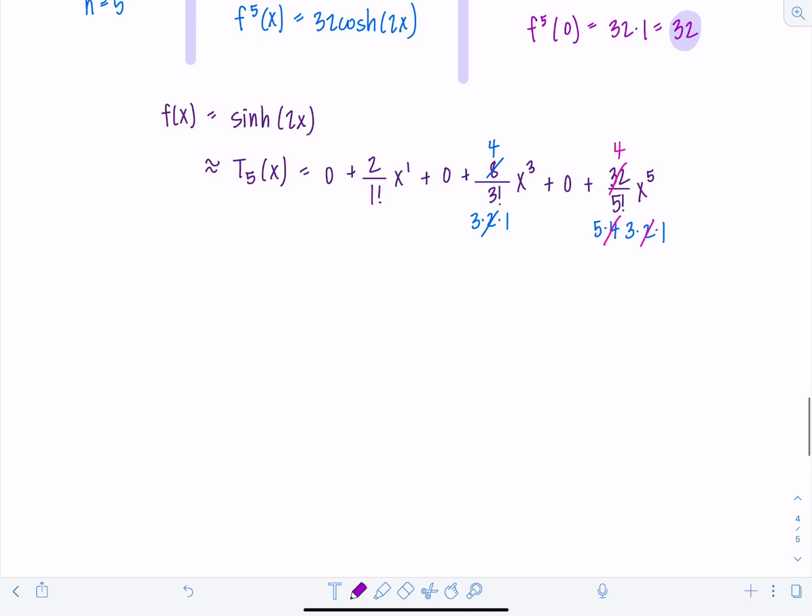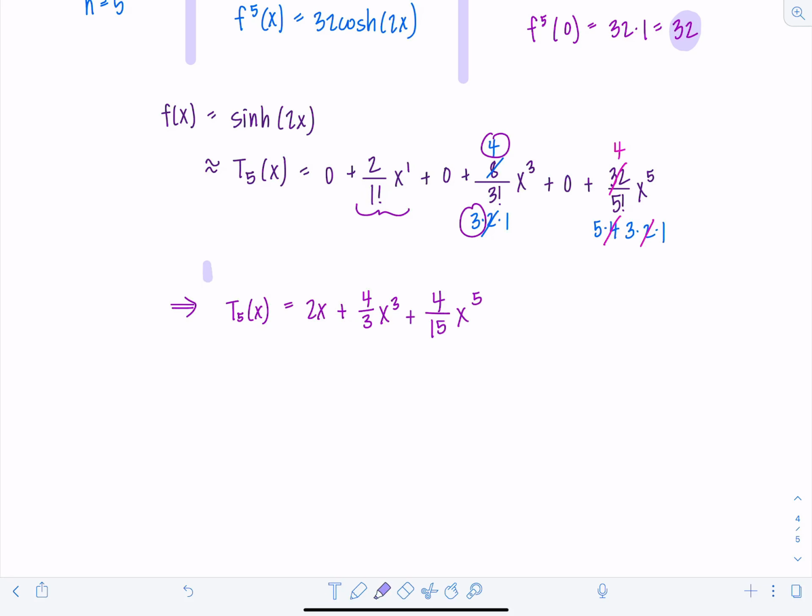Okay, so here we go. Let's put it all together nice and neat. This means our fifth degree Taylor polynomial, t sub 5 of x, is equal to 2x plus 4 thirds x cubed plus 4 over 15 x to the 5th.